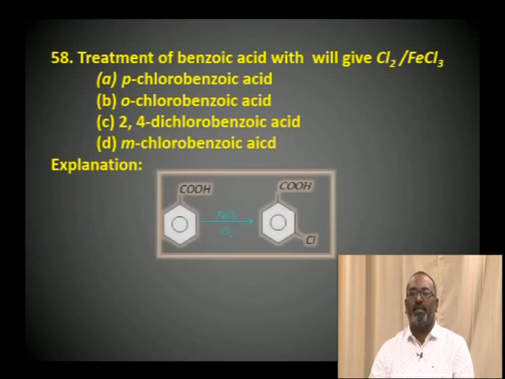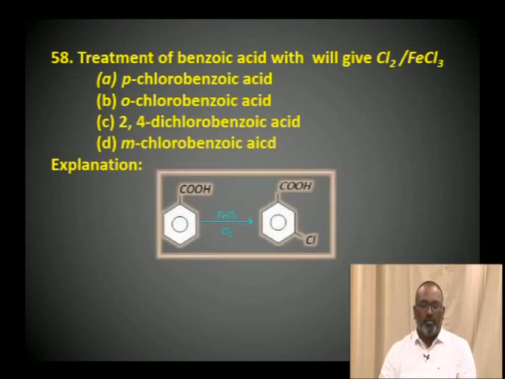You can see the reaction here. When benzoic acid is treated with chlorine in the presence of ferric chloride, FeCl3, meta-chlorobenzoic acid is produced. So the correct answer is option D.